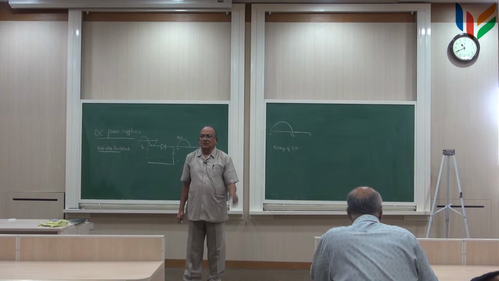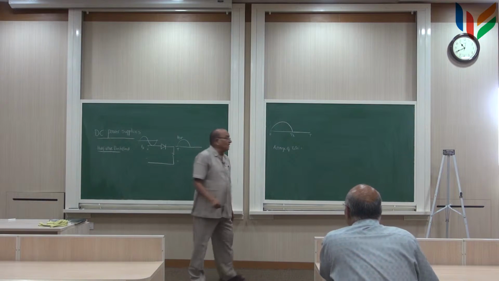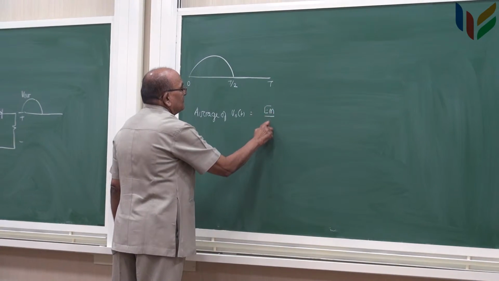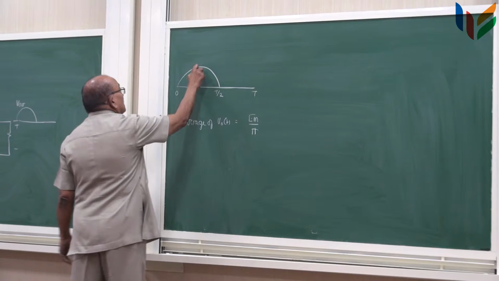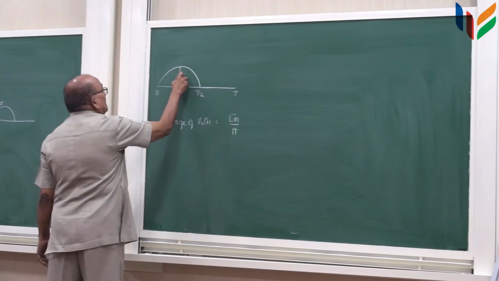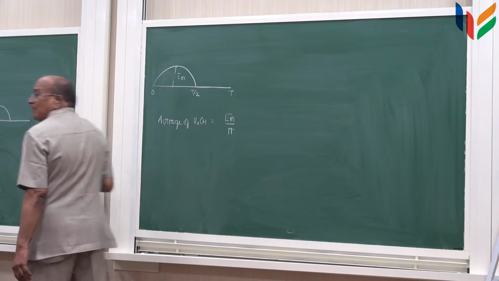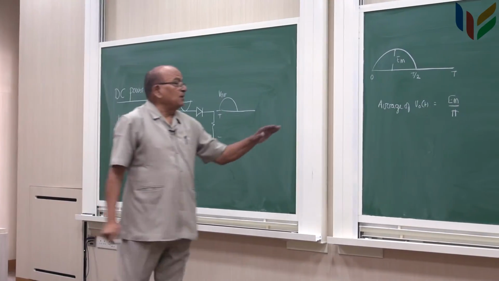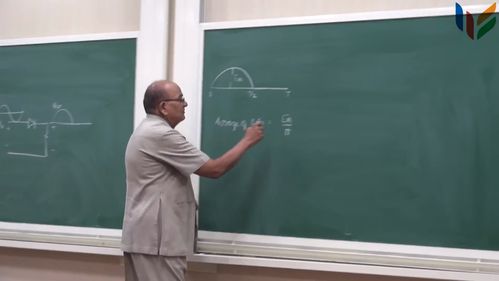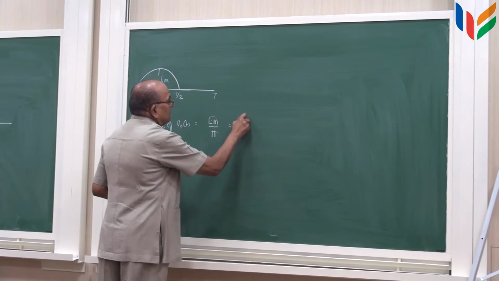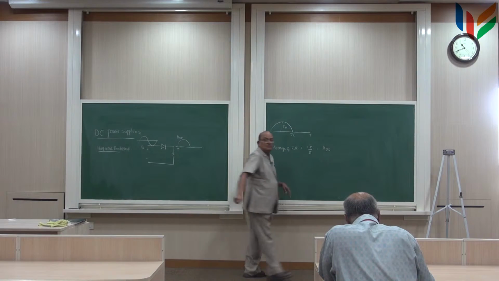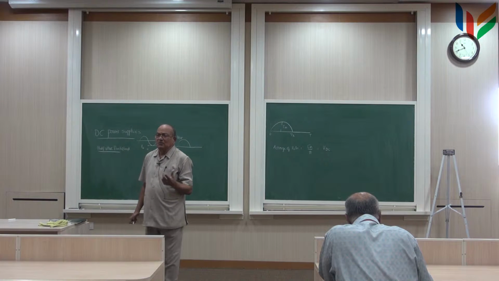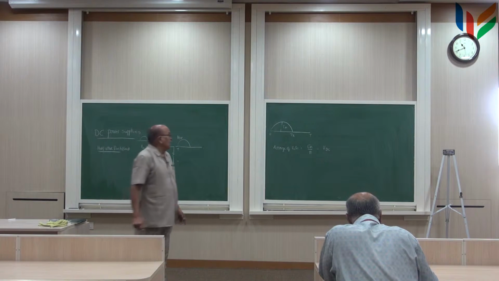One of the assignment problems: Em by pi, where Em is the peak value. So we get this much amount of DC out of the sine wave with a peak value equal to Em, we get Em by pi.